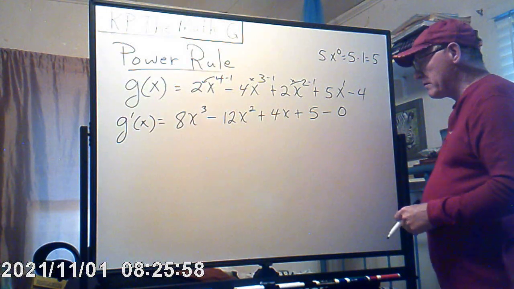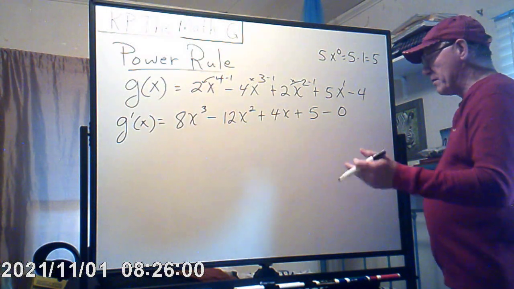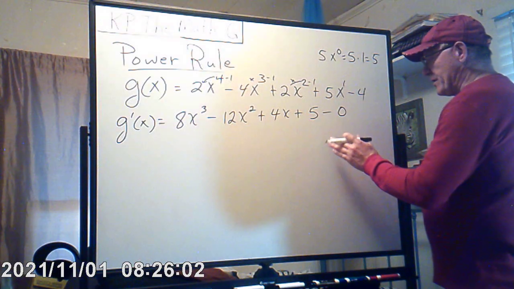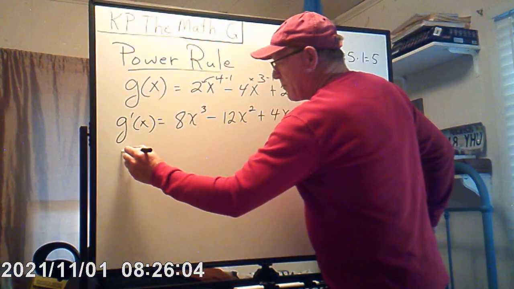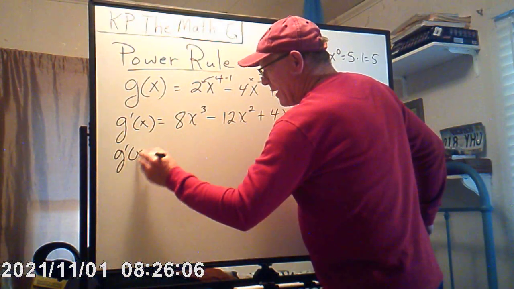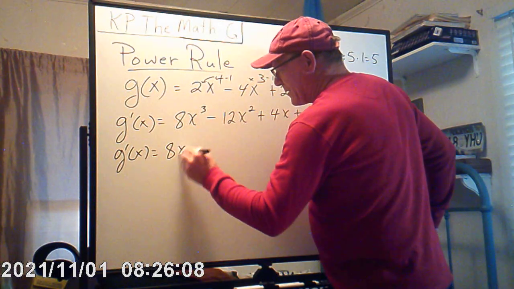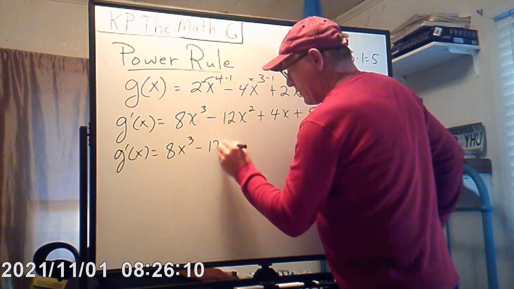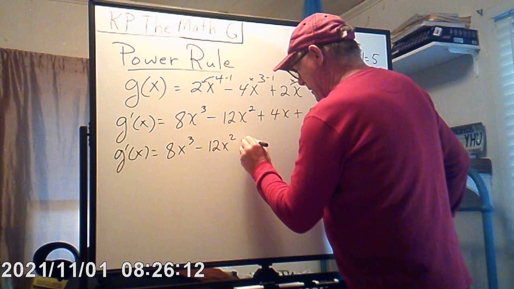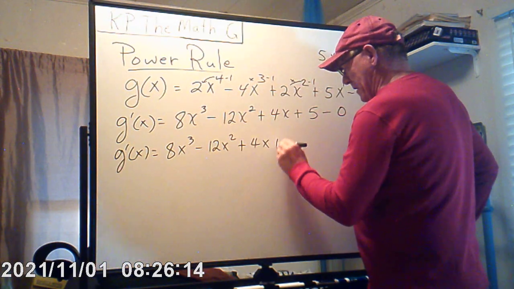It's just 0, and so we don't need the 0 at the end, so we can just say then g prime at x is equal to 8x to the third minus 12x squared plus 4x plus 5.